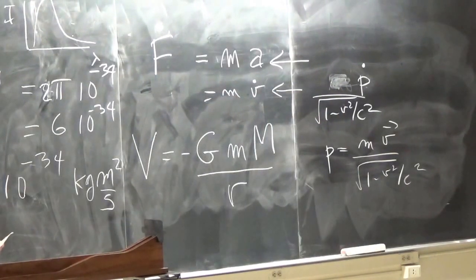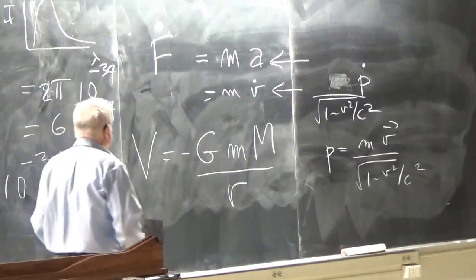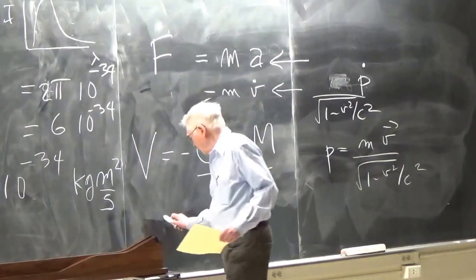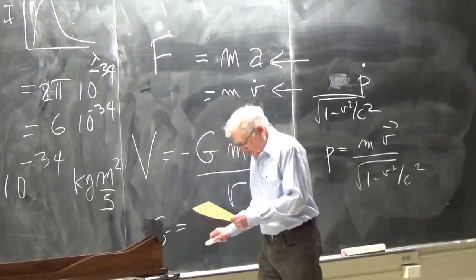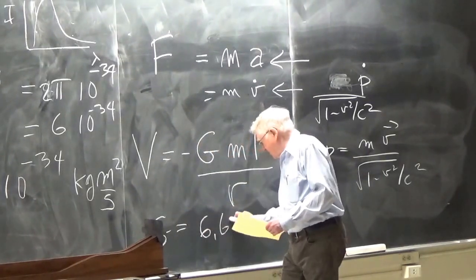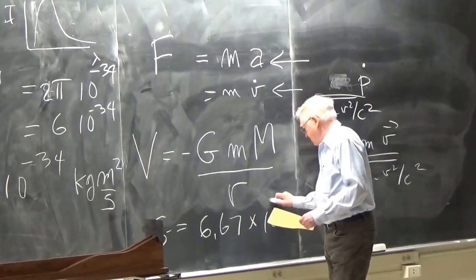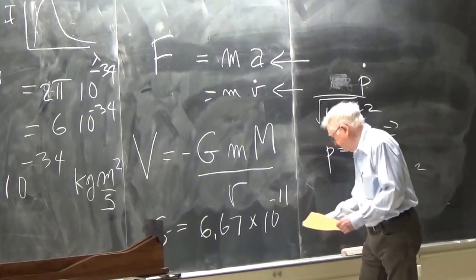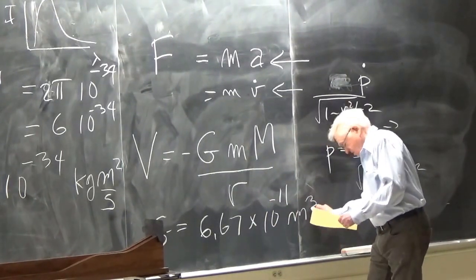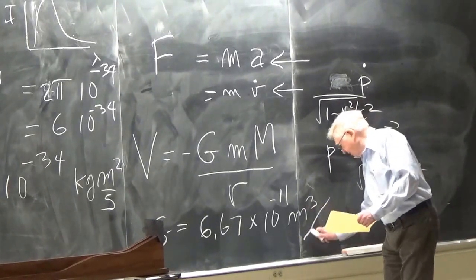And the actual value of Newton's constant, which if you Google all of these things, it's 6.67 times 10 to the minus 11 meters cubed per kilogram second squared.